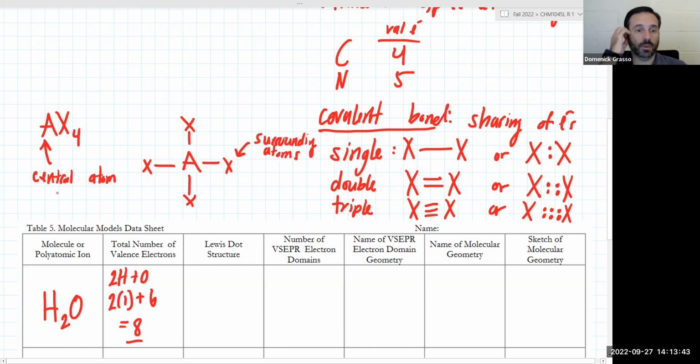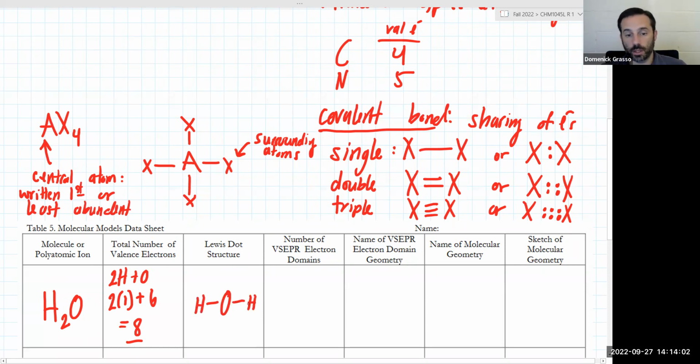The central atom is either written first or it's the least abundant. So in H2O, oxygen is my least abundant, and it connects those 2 hydrogens together. So in this example, I've got oxygen in my center.